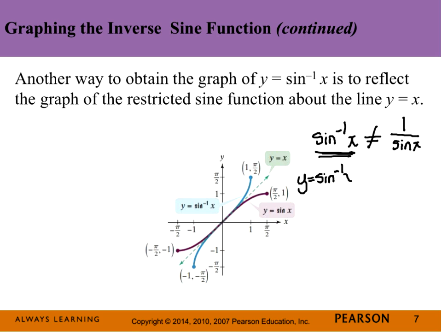So what we get is that when y equals the sine inverse function of x, this is a symbol for if and only if, the biconditional. So saying this is only true, and it's always true, when x equals the sine of y.